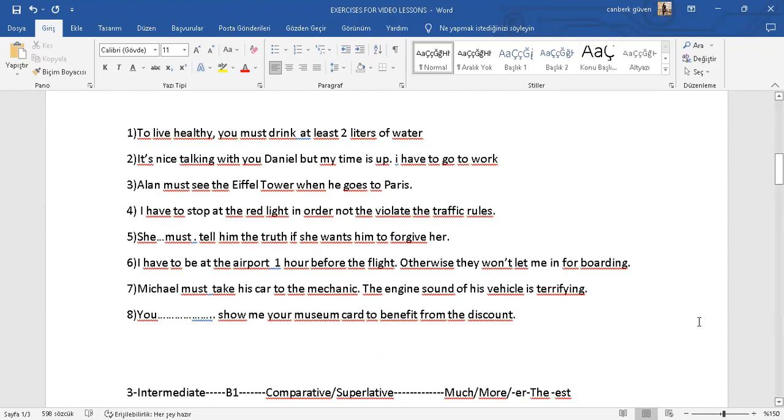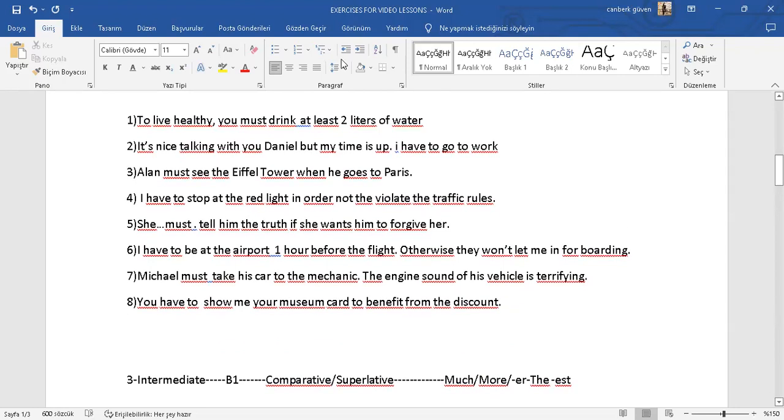I already told you the answer, but I'm just explaining the situation. Here it should be have to, because there are some rules for museums. If you don't show your museum card, you cannot take advantage of the discount.